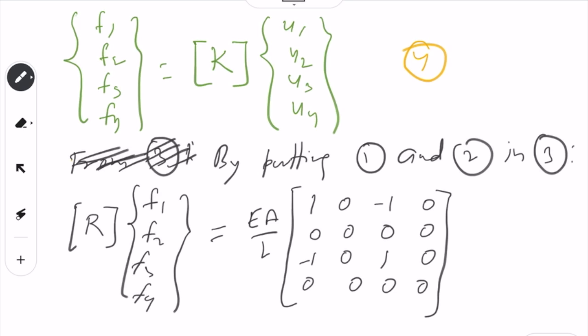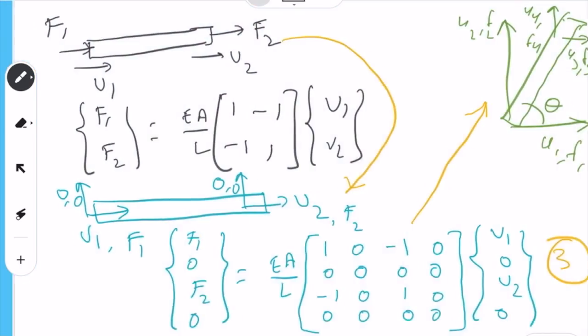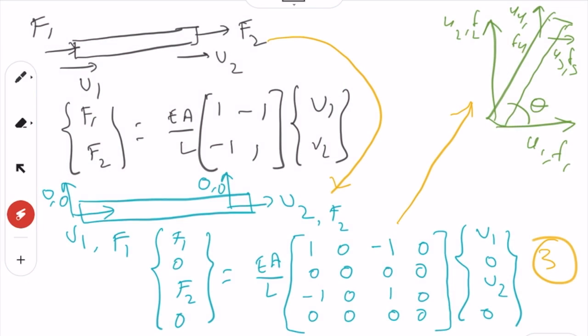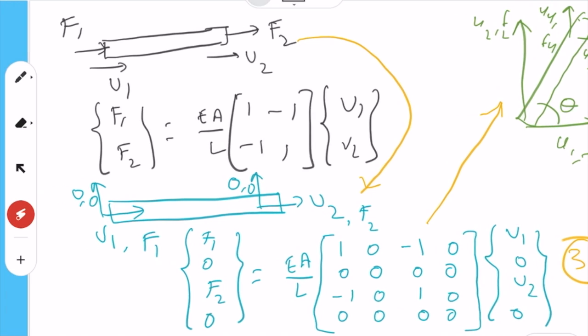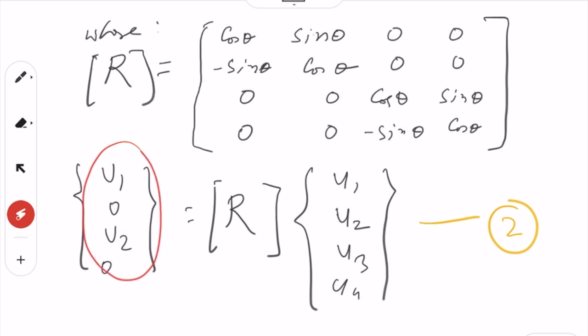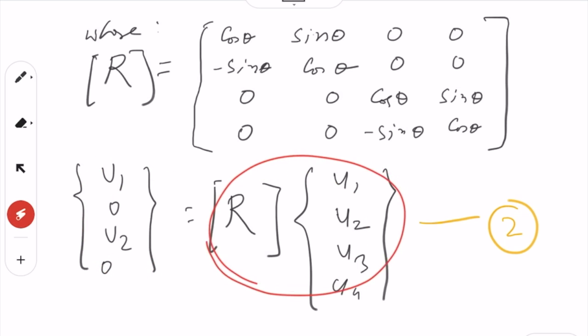And then here also, if you see in equation 3, so far we have completed this one. Even we have u1 0 u2 0. Instead of writing this one, we are going to use this relation. So we will write R u1 u2 u3 u4.